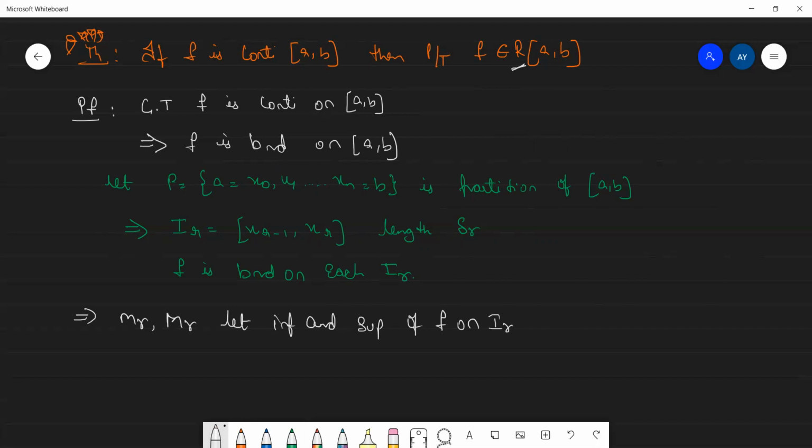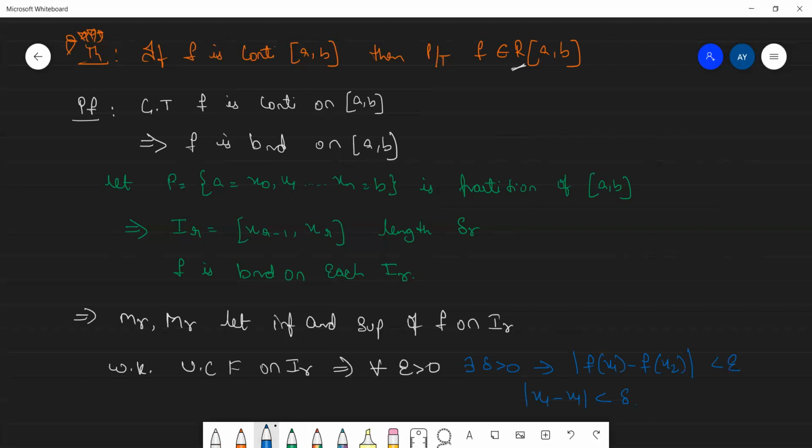And we already know, by uniform continuity, what is the definition of it on the rth subinterval? We can tell that for all epsilon greater than 0, there exists some delta greater than 0 such that mod f of x1 minus f of x2 is less than epsilon whenever mod x1 minus x2 is strictly less than delta.